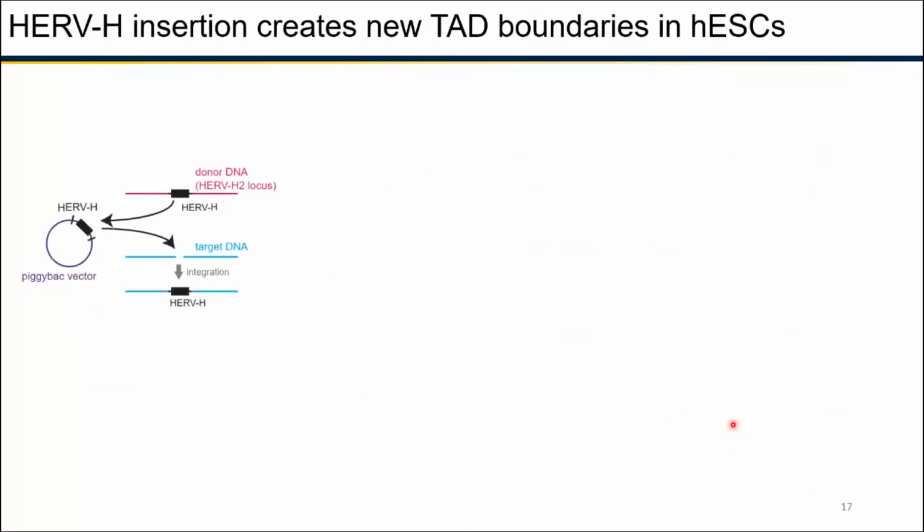So HERV-H sequences in the human genome are so frequently mutated that they can no longer jump around. To simulate this process, we used the piggyBac transposon to help transpose HERV-H into random places in the human genome.